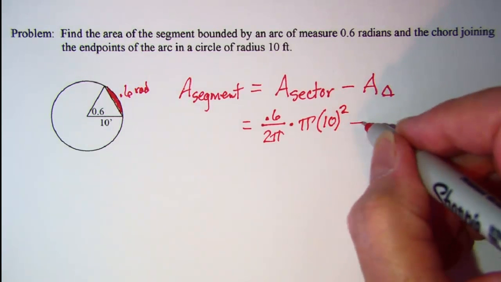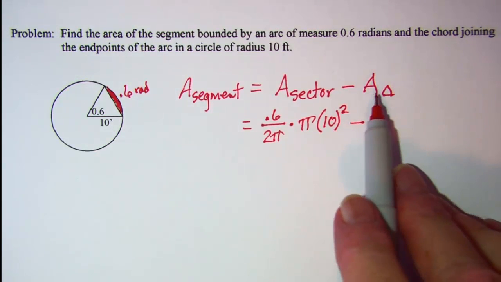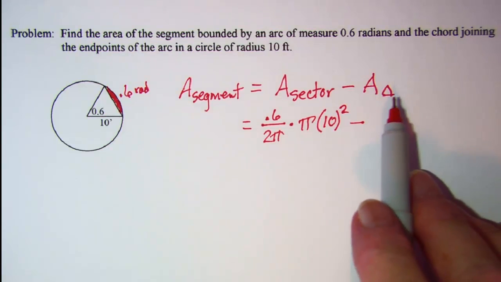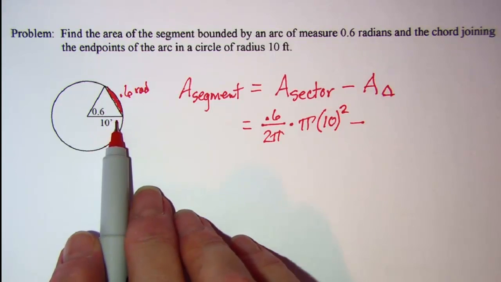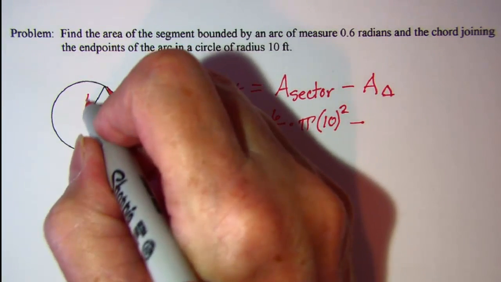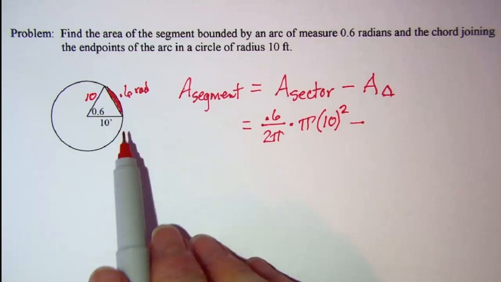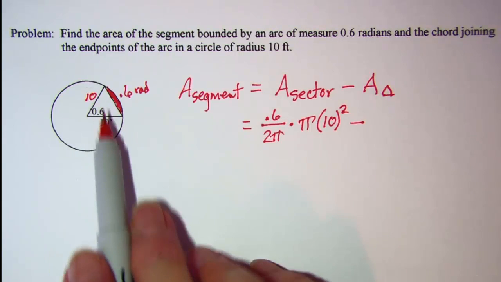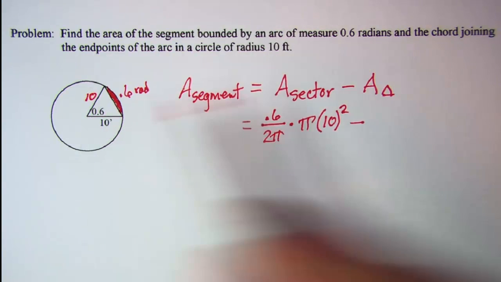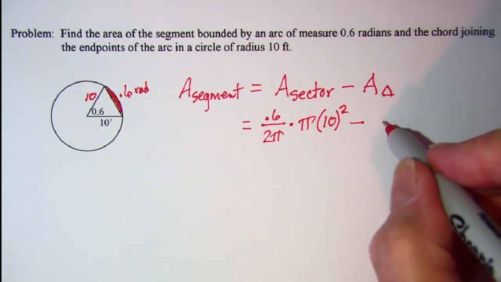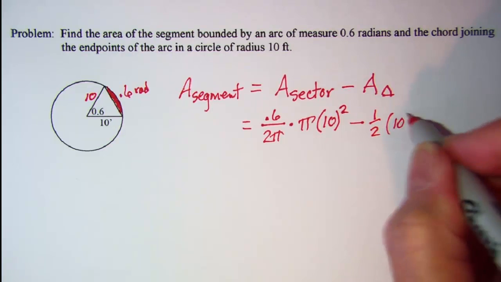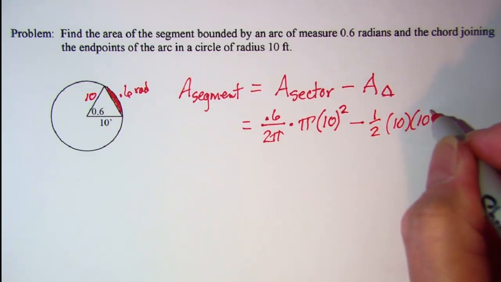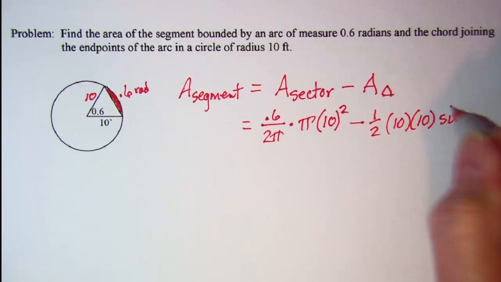So this is our fraction, 0.6 over 2 pi, times pi r squared. And then subtract from that the area of our triangle, which is 1/2 AB sine C. We can do that because this side measures 10 and this other side also measures 10. So there's our two sides and the included angle. So 1/2 times 10 times 10 times sine 0.6.